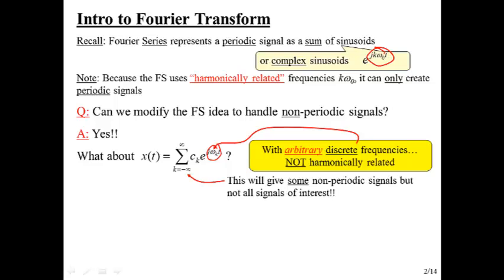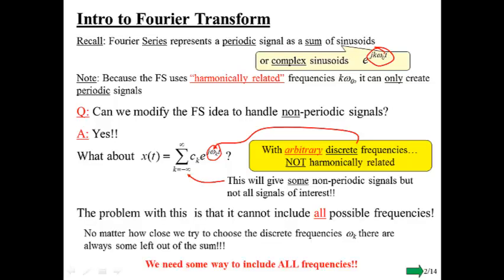They don't have to be related in any way, but there can only be discrete values. And the thing that we see here is that although this will create some non-periodic signals, there are a lot of non-periodic signals that this just simply cannot create. And the reality is that we need a way to include all possible frequencies over a continuum.